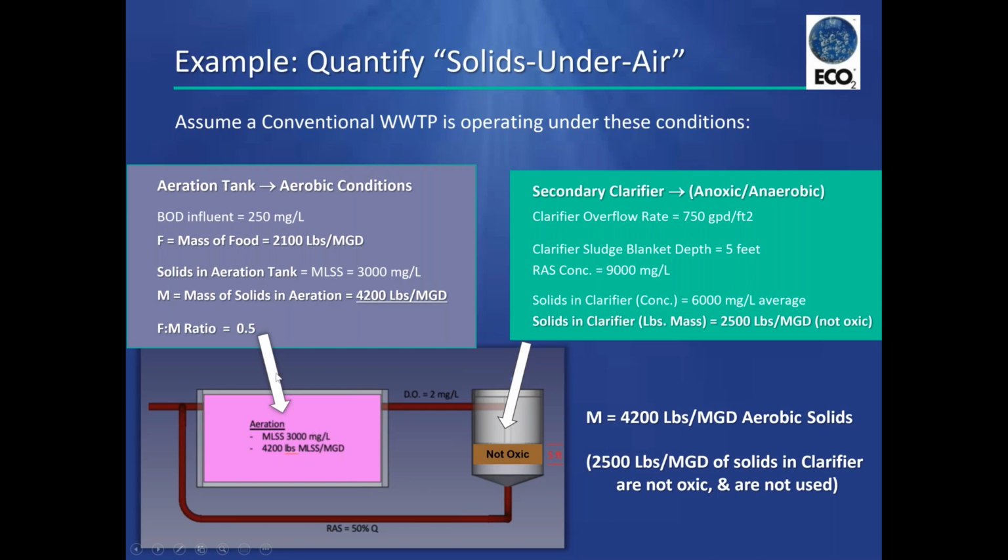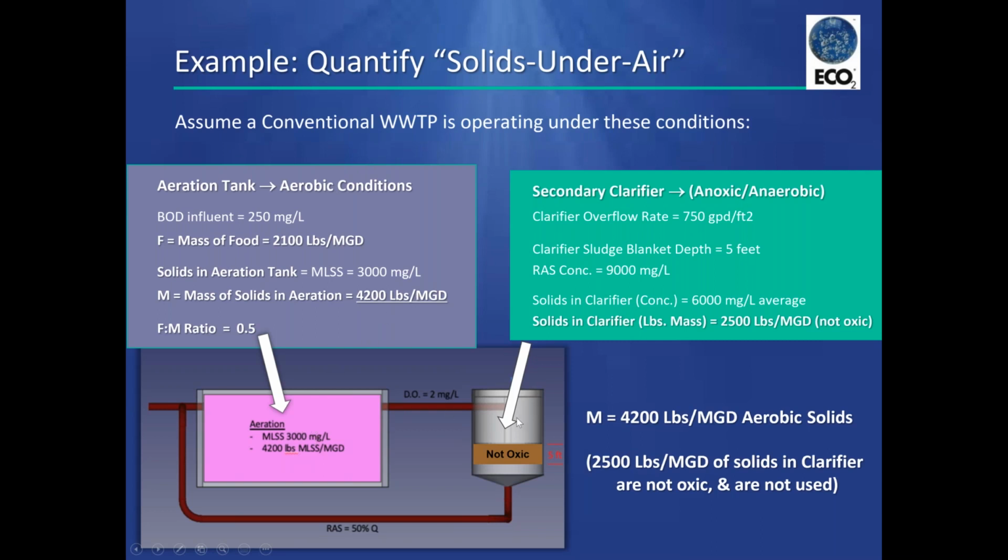If, for instance, the BOD coming in was 250 milligrams per liter, we would require 2,100 pounds of BOD for every MGD into the plant. And if we design this aeration system for an F to M of 0.5, then we would need 4,200 pounds of biomass in the aeration tank per MGD.